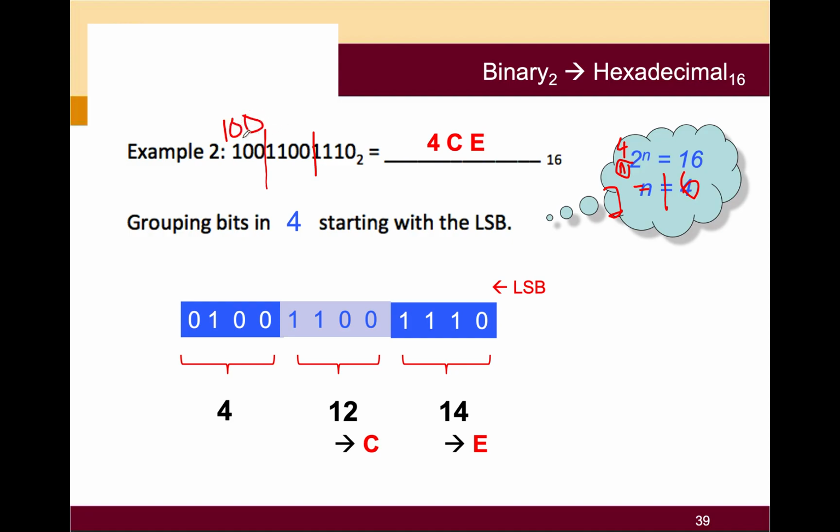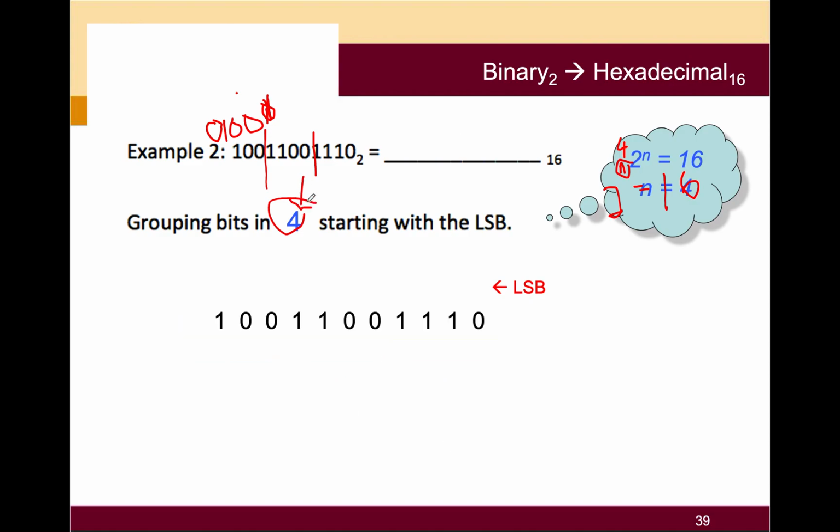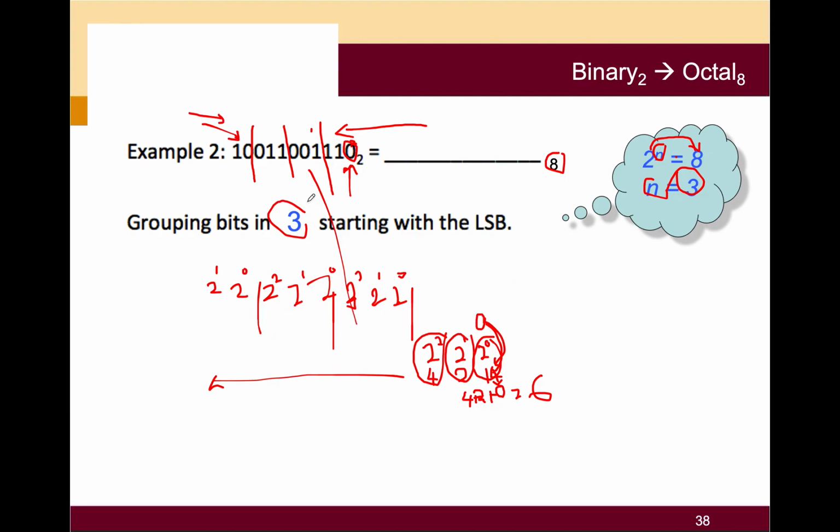If by mistake you do a direct conversion, and you see, oh, this is behind 1000, so if you need to make it a multiple of 4, you will put another extra 0 to meet and group it into 4, similar to this example.